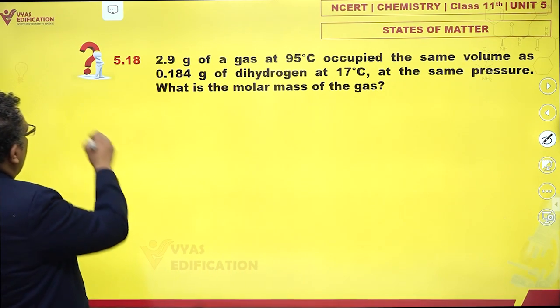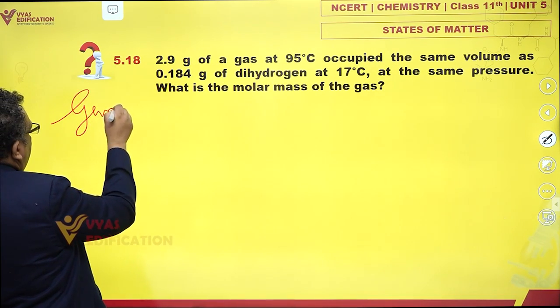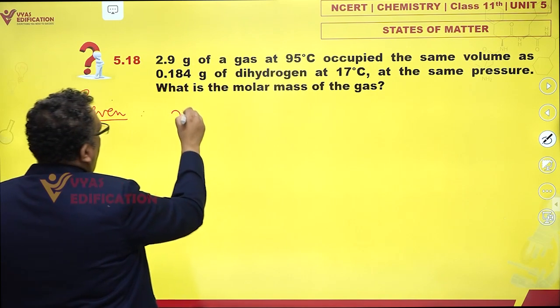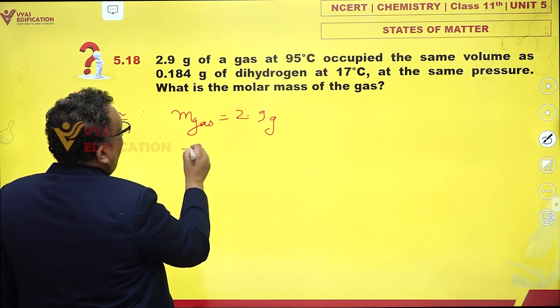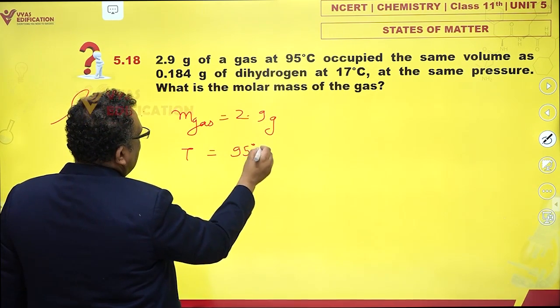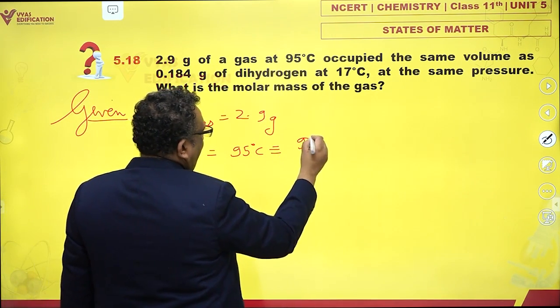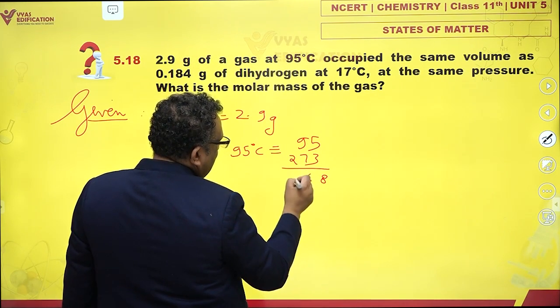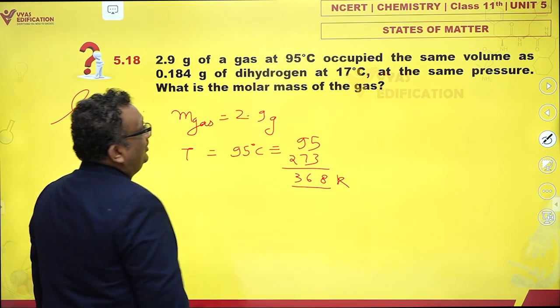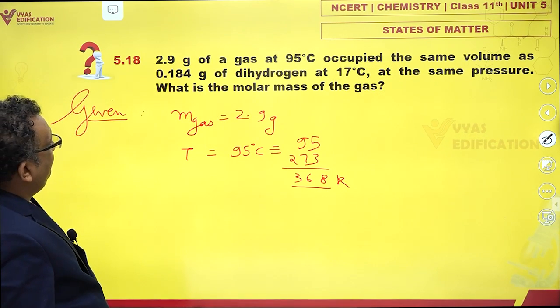2.9 grams. Please note down the data. Mass of gas is how much? 2.9 grams of a gas at 95 degrees Celsius. 95 and 273, if you add, 368 Kelvin, horrifying, occupies the same volume.